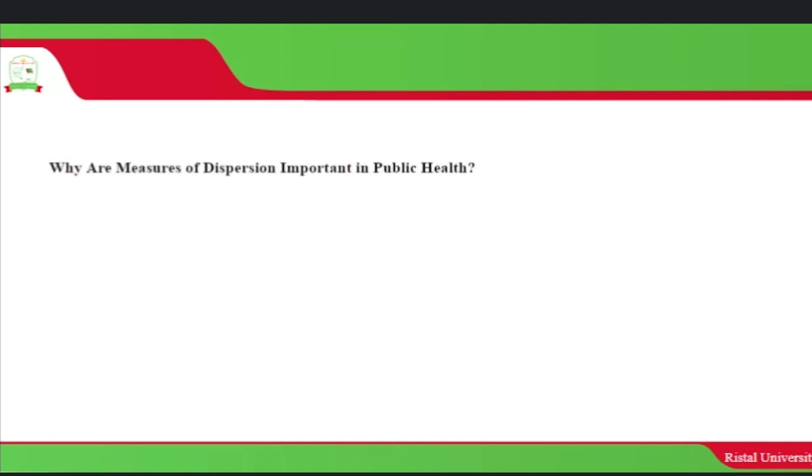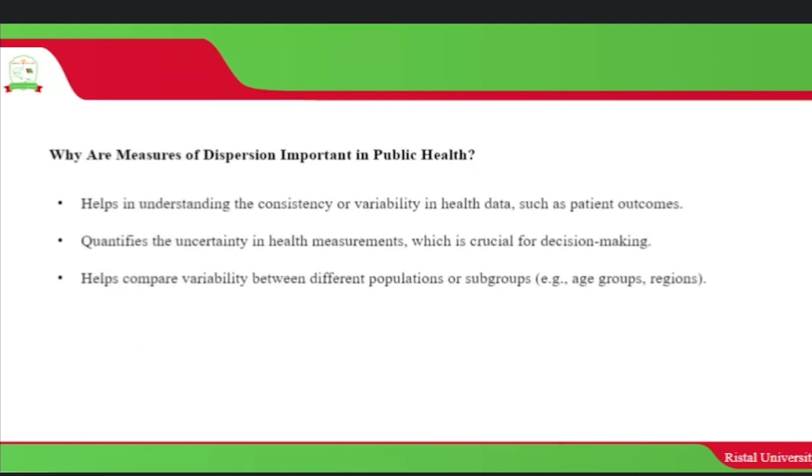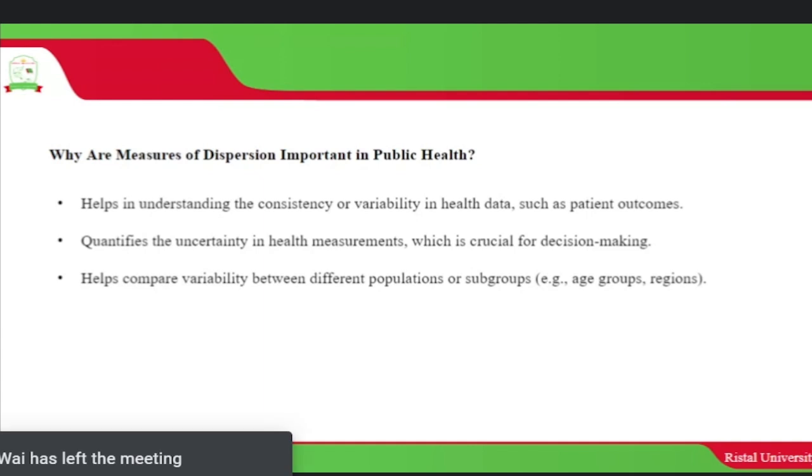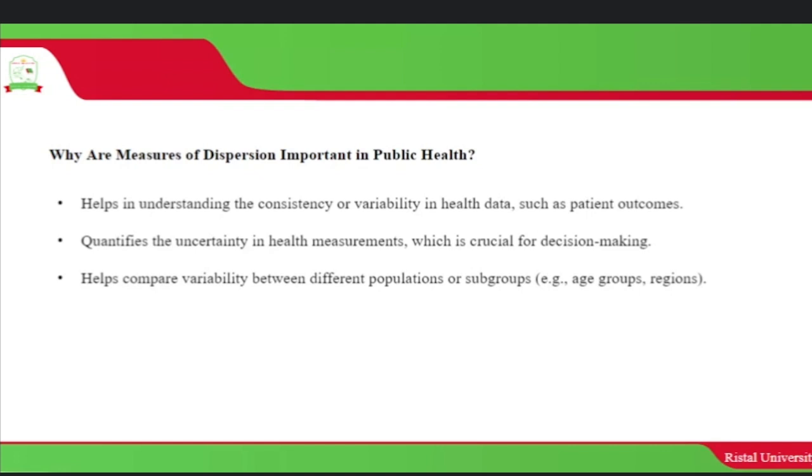So why are these measures of dispersion important in public health? They give an insight into data variability. They help us understand the consistency of variability in our data sets. They also give a measure of risk or uncertainty in our measurements or in our data sets, which is very important in decision making.